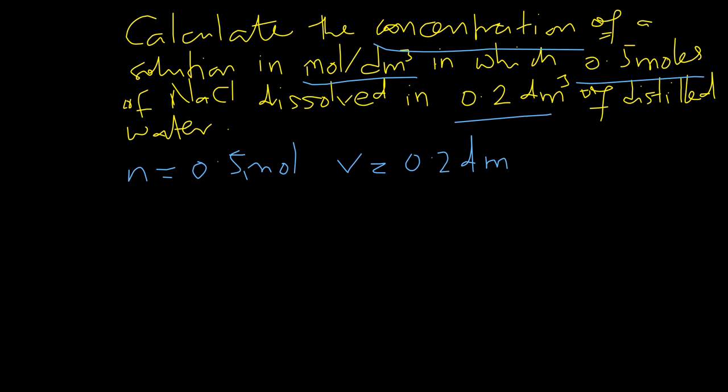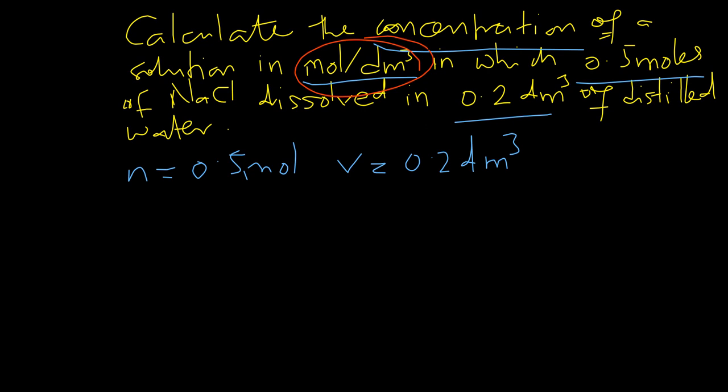Now, when you read the question carefully, you realize that they asked us to calculate the concentration in mole per dm cube. Very important point. Remember, concentration can be in mole per dm cube, and can also be in mass per dm cube, or gram per dm cube. But here you've been asked to calculate in mole per dm cube.